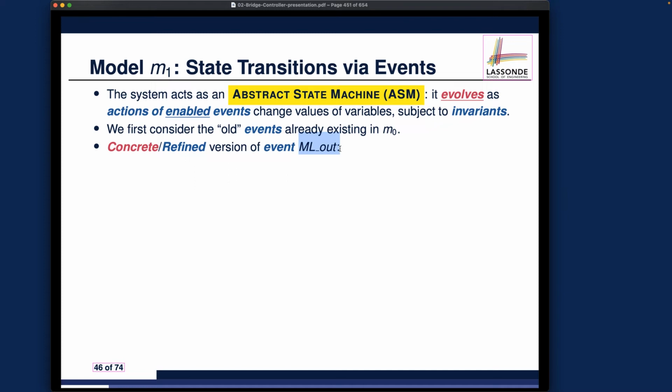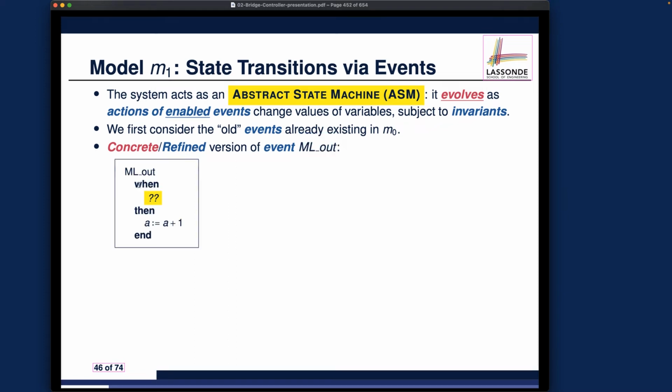You can think about it a little bit like this right now. The initial model is more like a parent class, and the current concrete first refinement is more like the subclass or child class, in which case we are inheriting the ML out events, and we may choose to override or redefine that. Let's talk about ML out first, and then we'll talk about ML in, and we'll do some exercise for each one of them.